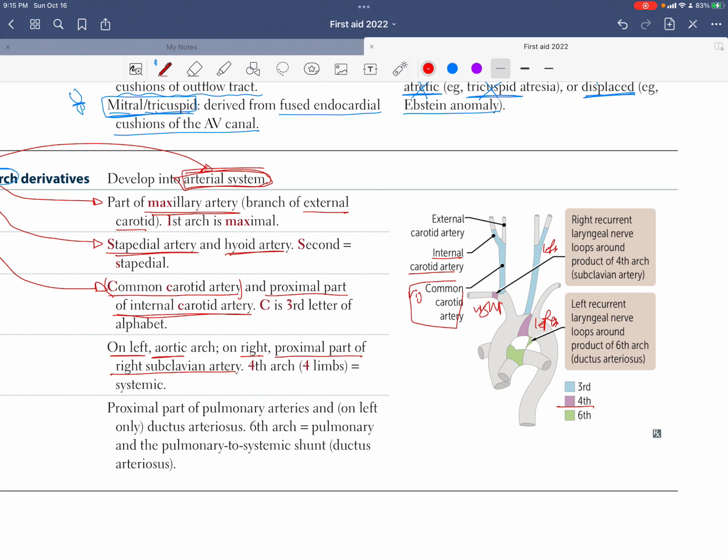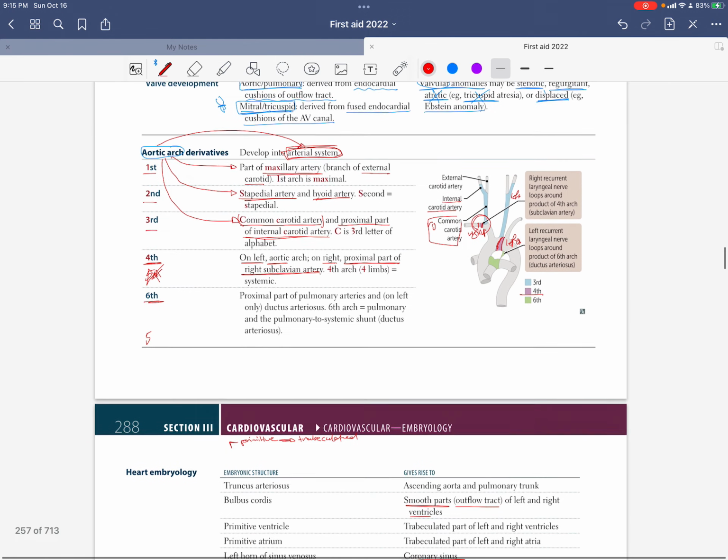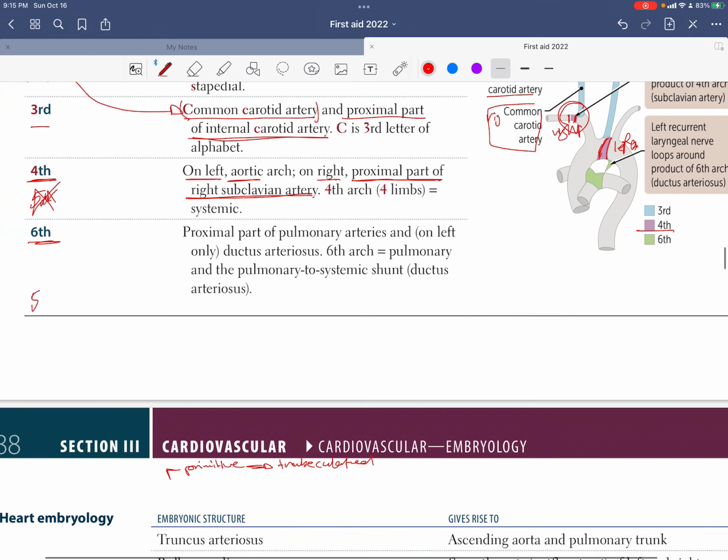I'm sorry, this is the left, so this should be the aortic arch. Yeah, it doesn't make sense. So this is on the left, so it just gives off the aortic arch. This is part of the aortic arch, while on the right over here, it gives the proximal part of the right subclavian artery.